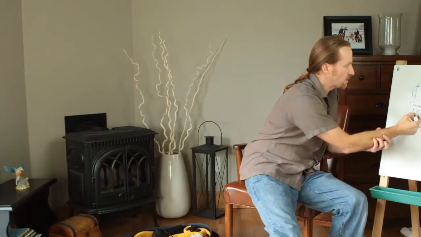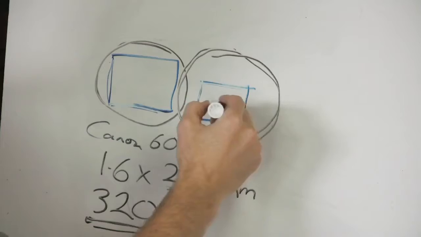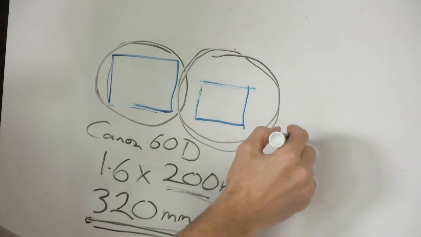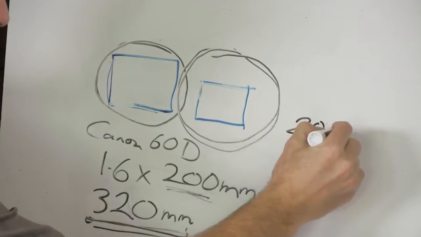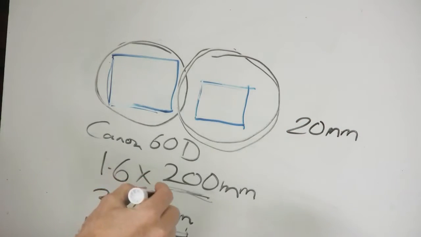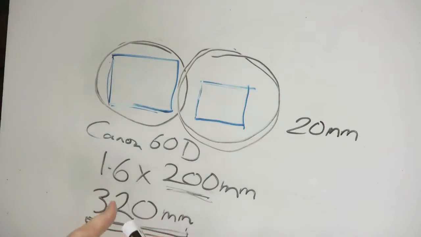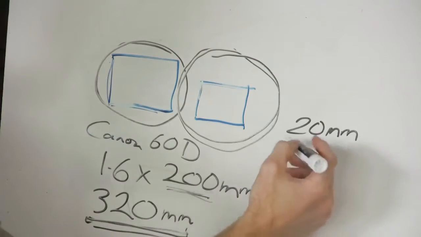But the downside is on the wide side of things, on a crop sensor, if you put let's say a 20mm lens, then on a full frame sensor that's a reasonably wide view. It's anything below 24mm is getting quite wide.